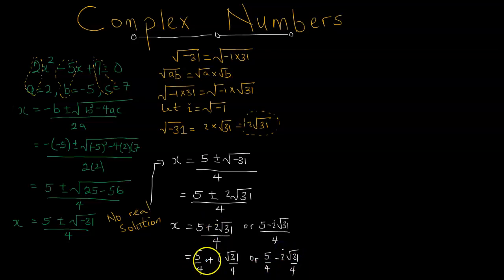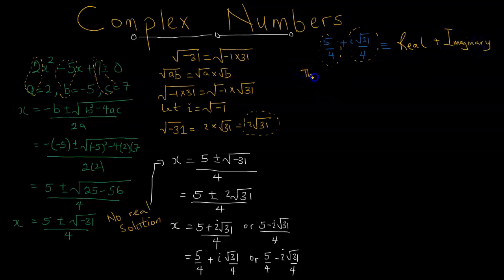Now let's focus on one of them. If I focus on 5 over 4 plus i root 31 over 4, we would see that this complex number has two parts. The real part, which we've always been familiar with, 5 over 4, that's a positive number, so we're going to call that the real part of the complex number. And also the imaginary part. This is the imaginary part.